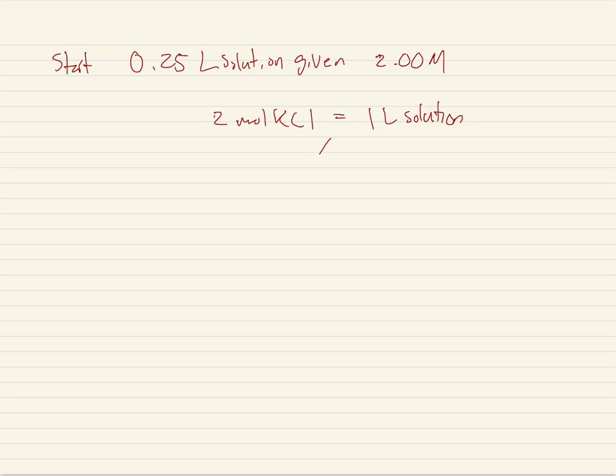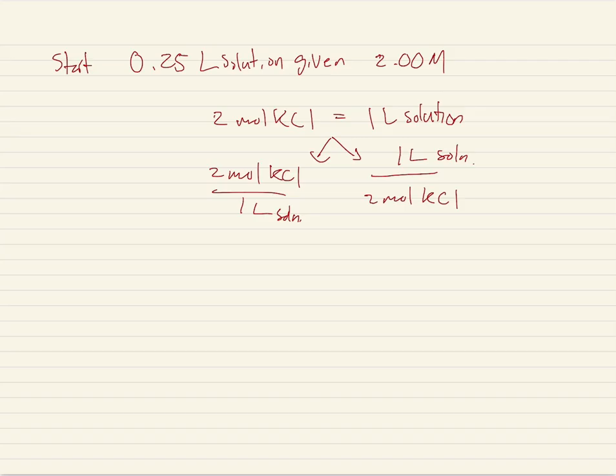Our concentration can be used as a conversion factor where we get 2 moles potassium chloride over 1 liter, and 1 liter per 2 moles of potassium chloride. Sorry, 1 liter of solution. SOLN is an abbreviation for solution.